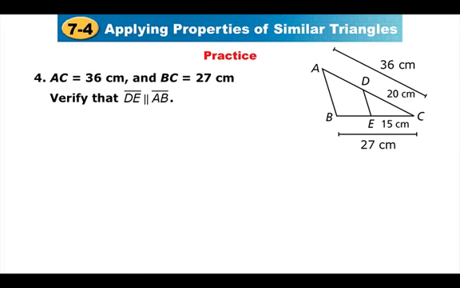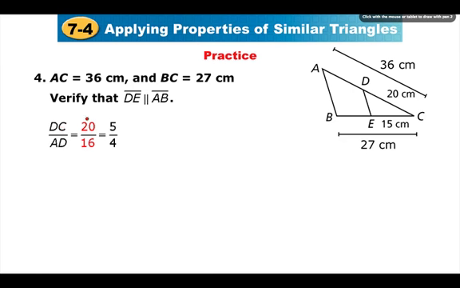It says AC is equal to 36 centimeters, BC is 27 centimeters, and verify that DE is parallel to AB. You're also given this other piece of information, DC and EC, in the picture. So now I can write the following ratio, DC over AD.